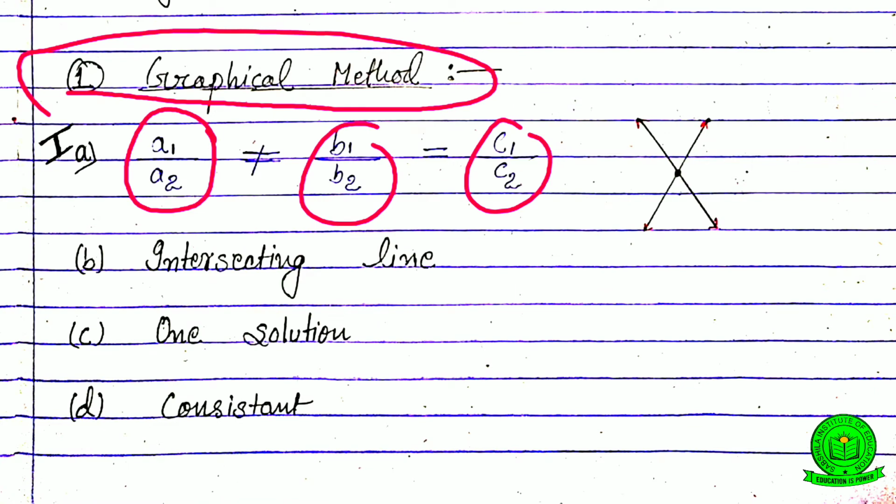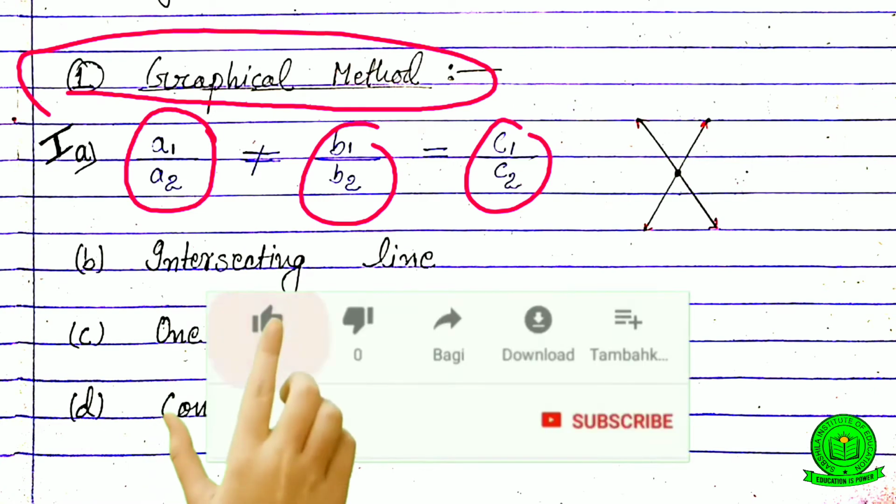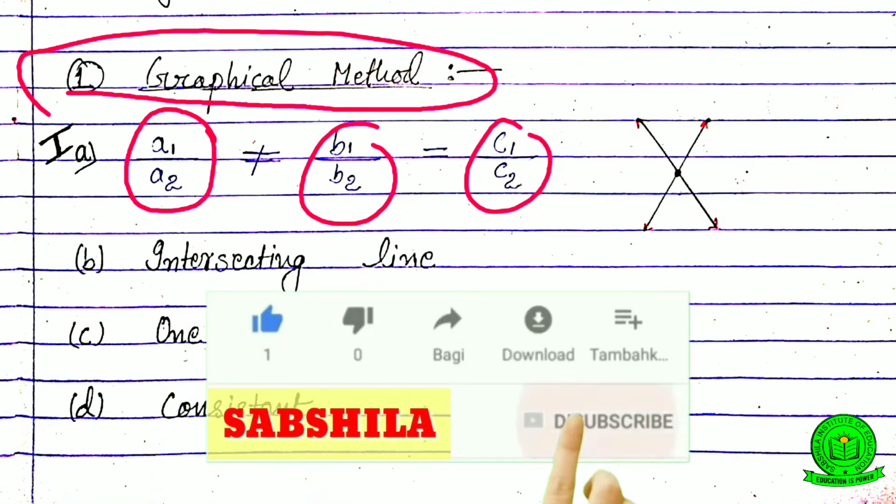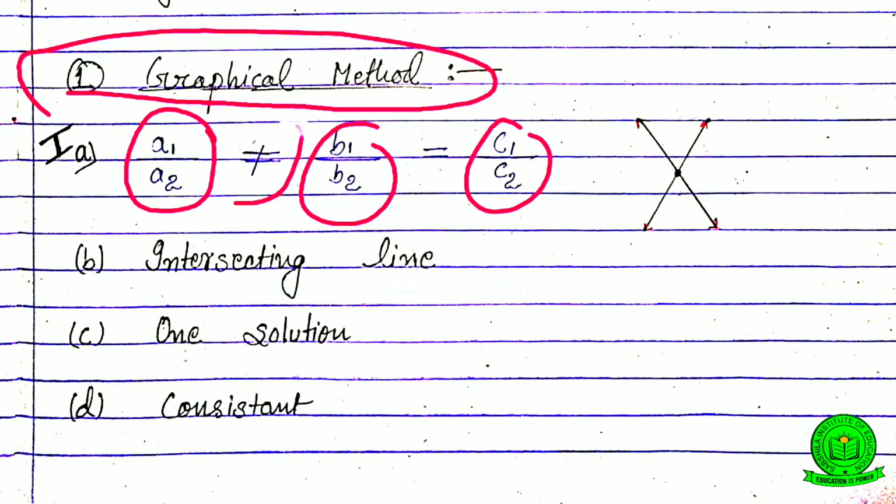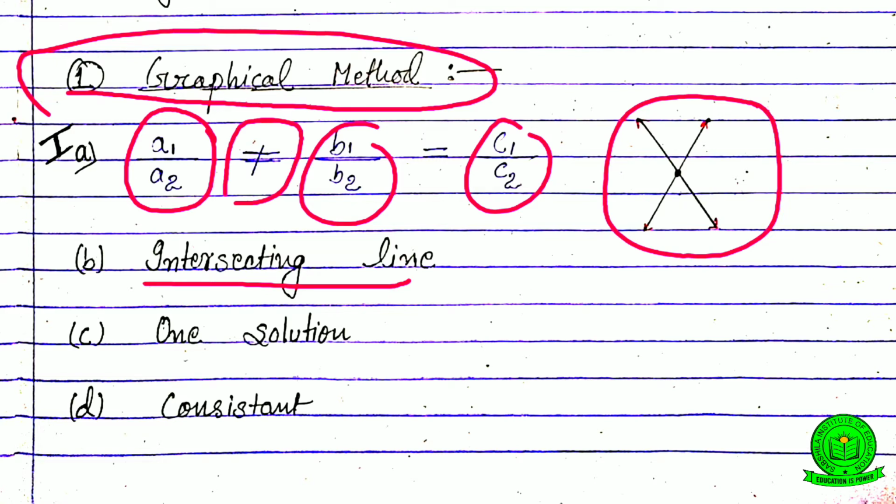If you compare a1 by a2, b1 by b2 and c1 by c2, and if a1 by a2 is not equal to b1 by b2, then it will be intersecting lines. That means in the graph the lines will cut at one place. So there will be one solution and it will be consistent.